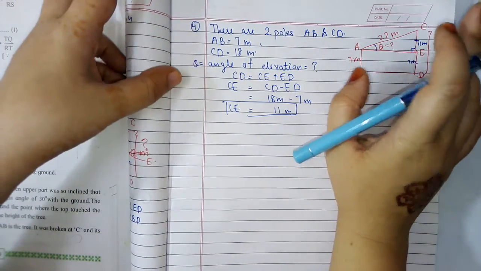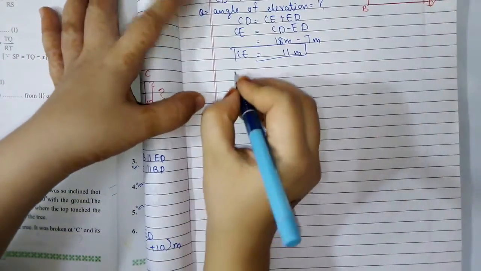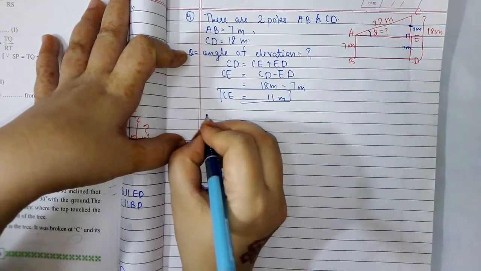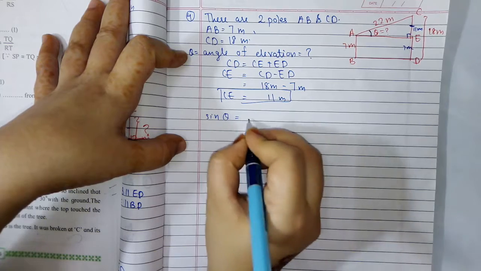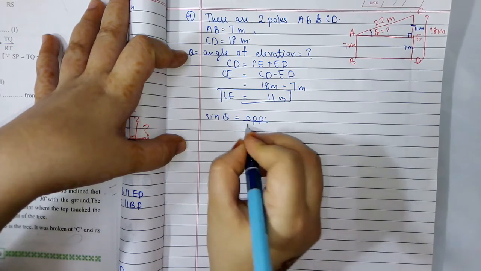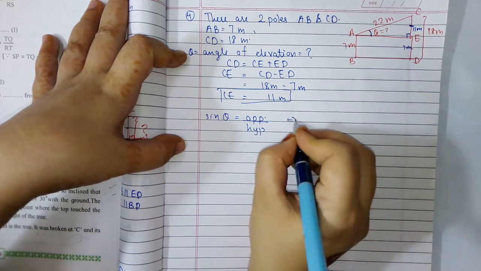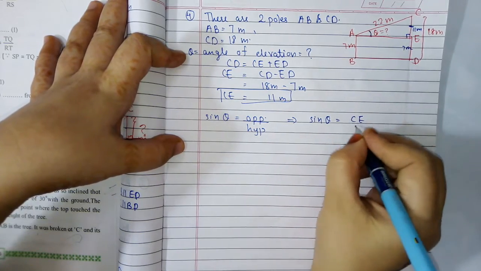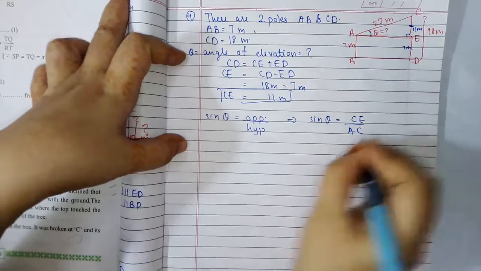So we will use sine, opposite upon hypotenuse. Sine theta is equal to opposite side upon hypotenuse. The opposite side is CE and the hypotenuse is AC.